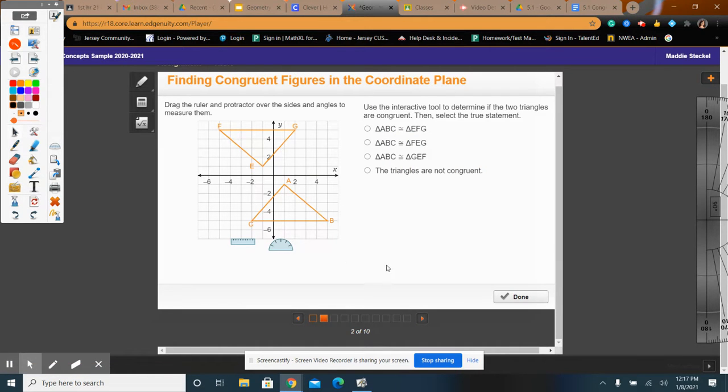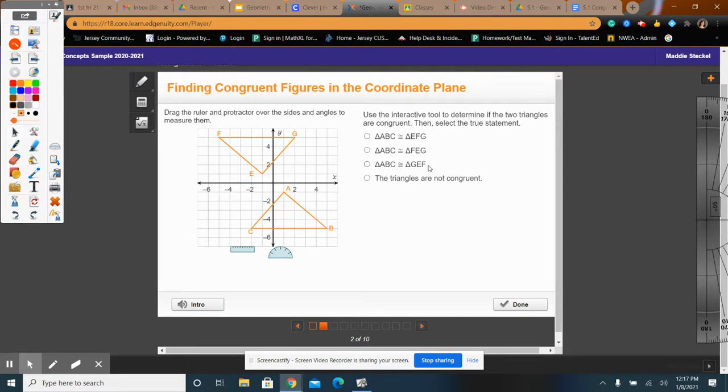Use the interactive tool to determine whether or not the triangles are congruent. Okay, so we could use the ruler and the protractor if we want, but let's see if we're going to need it. So let's measure with the boxes here. 1, 2, 3, 4, 5, 6, 7. 1, 2, 3, 4, 5, 6, 7. So those do look equal.